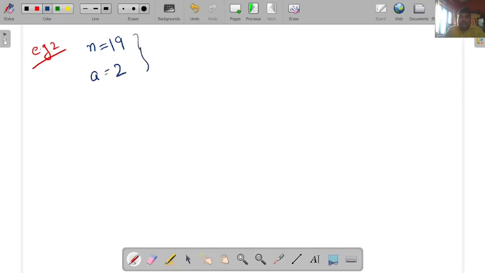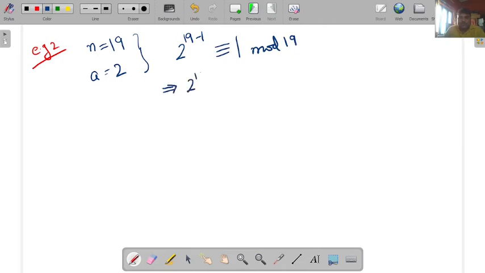If you assume 19 is prime, what can you write? 2 to the power 19 minus 1 should be congruent to 1 mod 19. Okay, let's solve this.